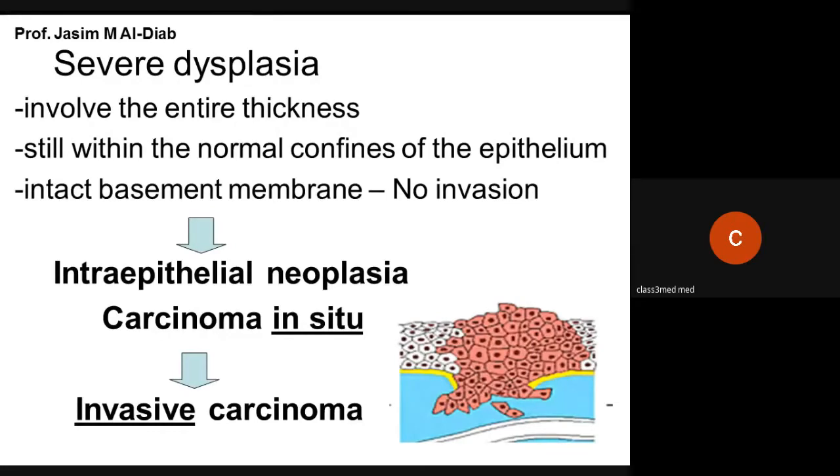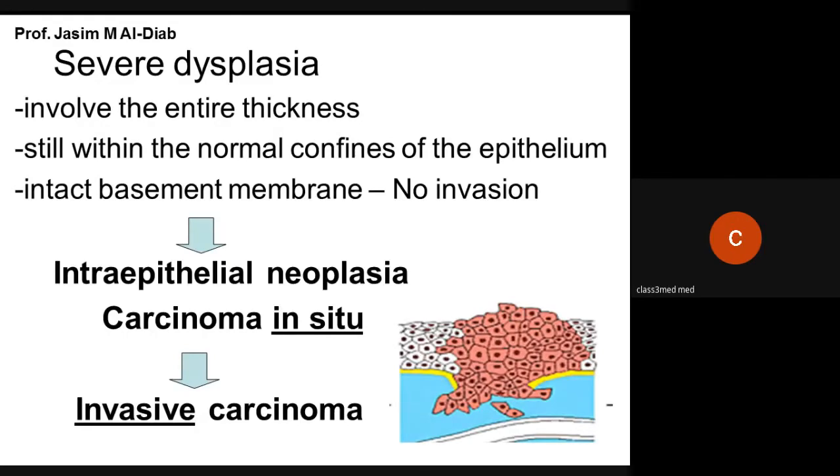Okay? So what's the sharp line distinguishing the carcinoma in situ or intraepithelial neoplasia from the invasive carcinoma? Okay. The integrity of the basement membrane.